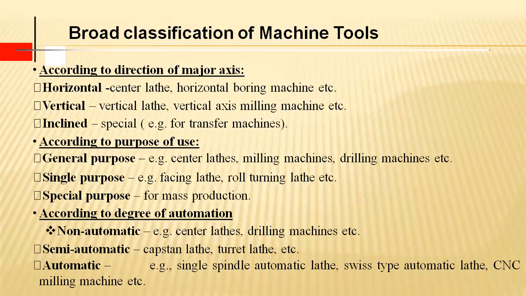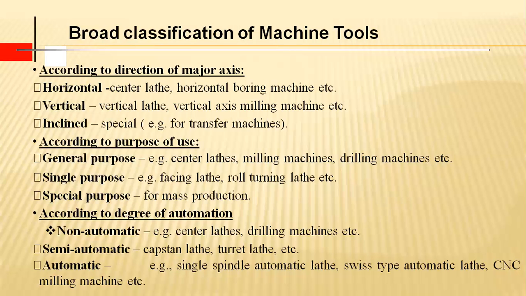Now we broadly classify the machine tools into different categories, and we'll look at them one by one. According to the direction of the major axis, they are characterized into horizontal, vertical, and inclined. The horizontal center lathe machine and horizontal boring machine perform the working action only in the horizontal direction.